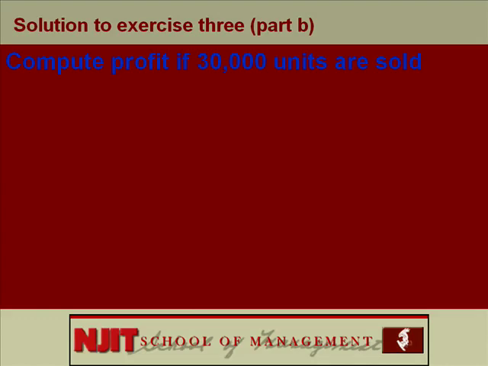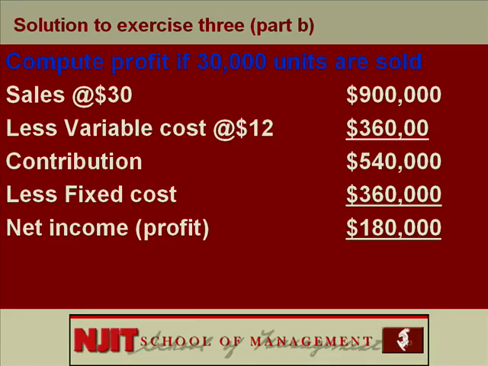So, compute profit if 30,000 units are sold. There you go. At 30,000 units, sales is 900. Variable cost is 360. So the contribution is 540. If you knock off the fixed cost, your profit is 180,000.